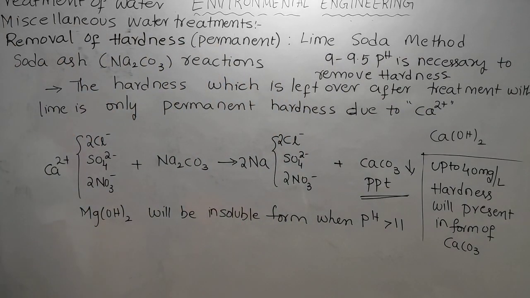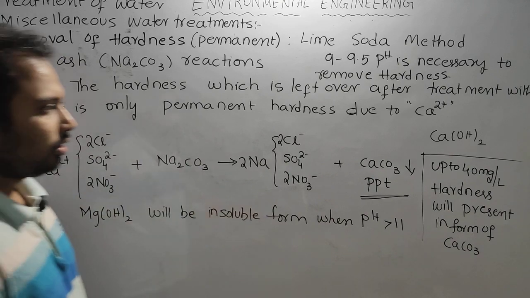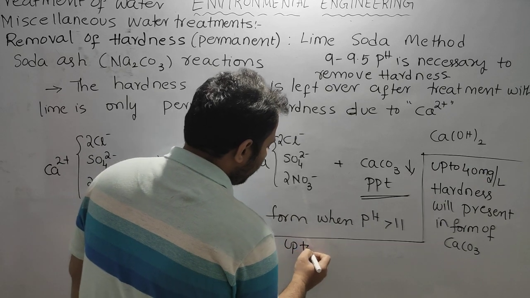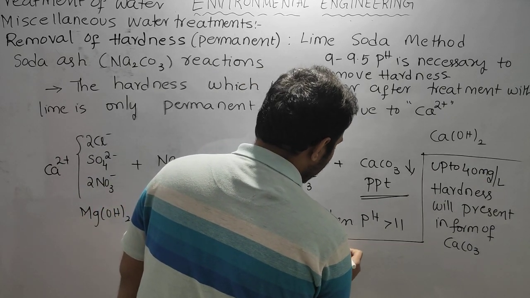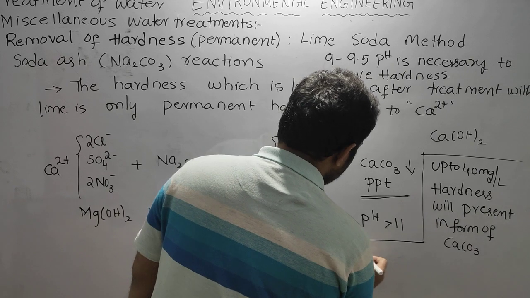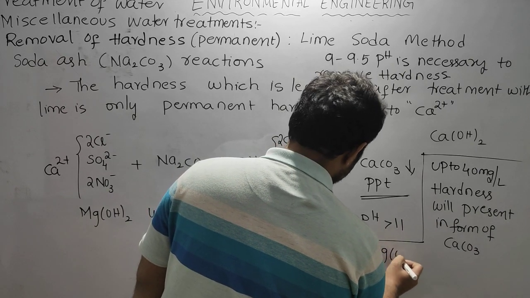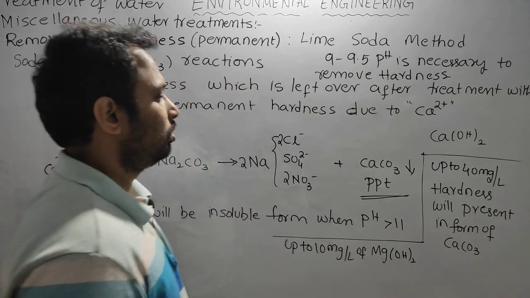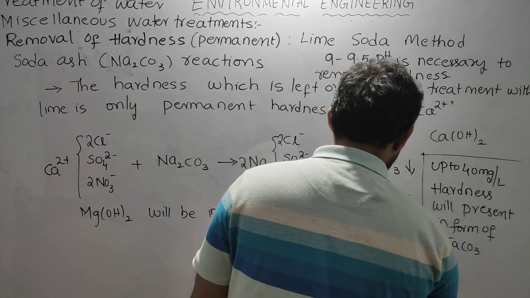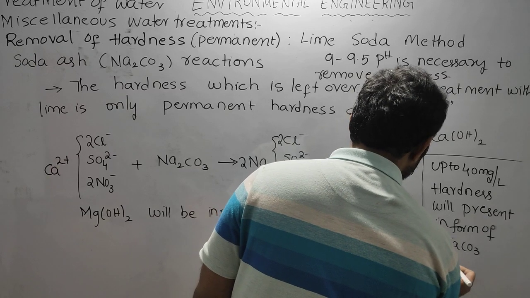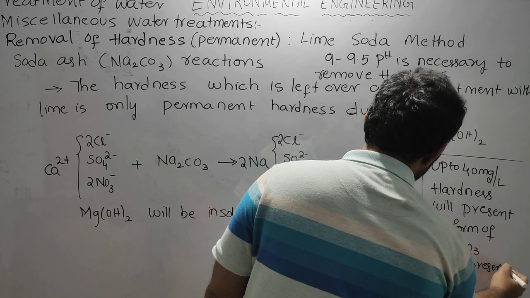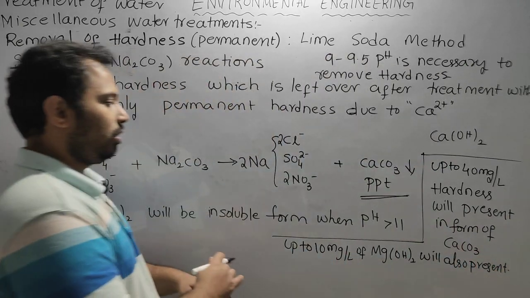So that is why, using the lime soda process, up to 10 mg per liter of Mg(OH)2 will also be present. So complete removal is not at all possible.